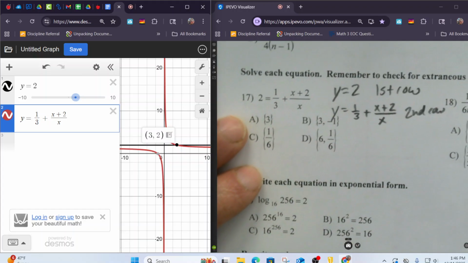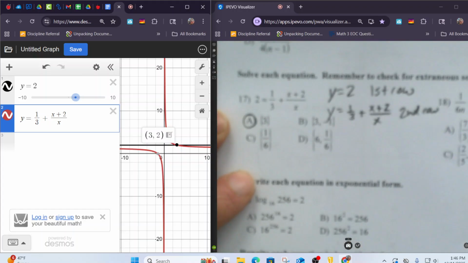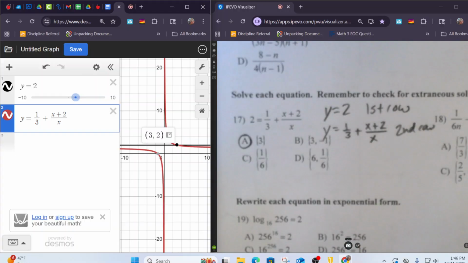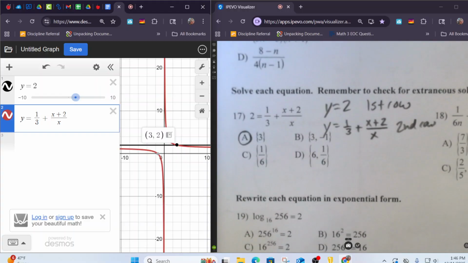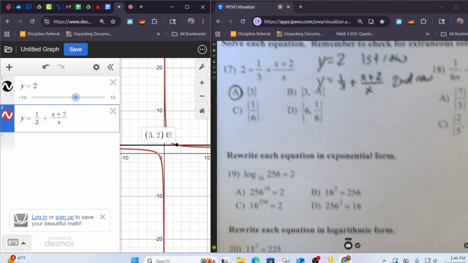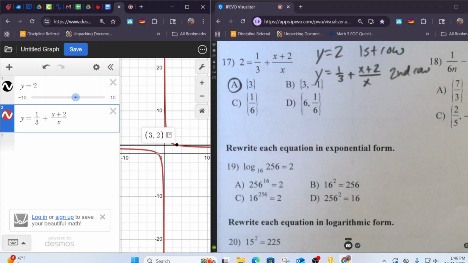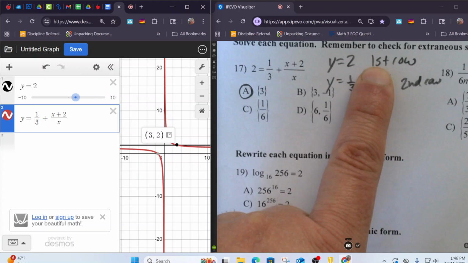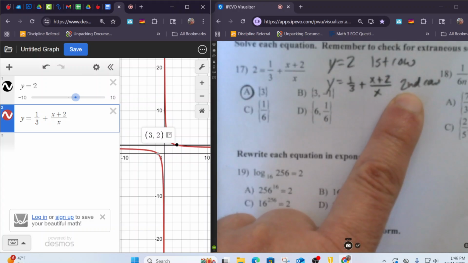So the answer for 17 would be 3. Yes, just where they intersect on the graph. Left side in the first row, right side in the second row.